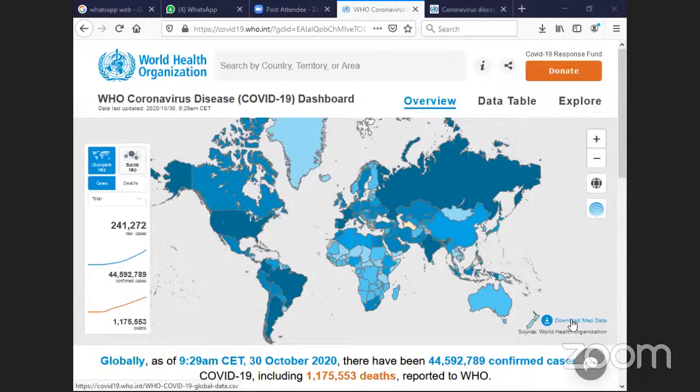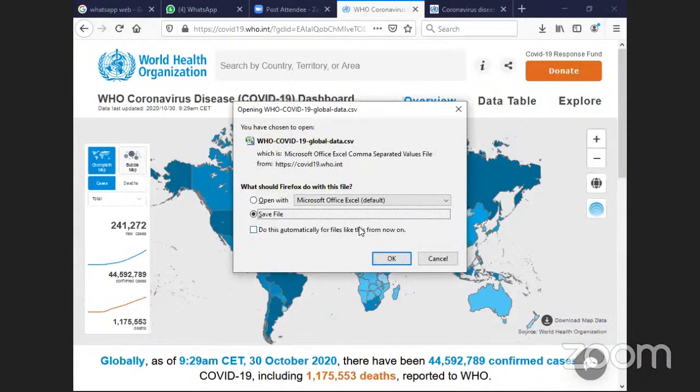If you click, you can see that complete global data is available with respect to each country, and various information like when the first case was registered, how many new cases on a particular day, and what is the total death.